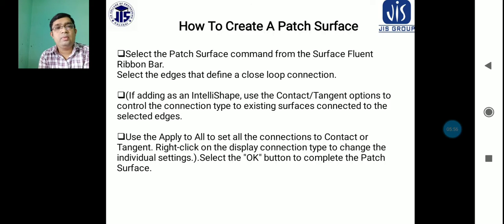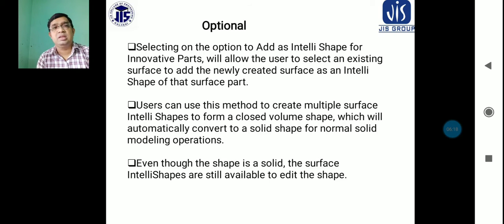Also select the OK button to complete the path surface. You have to apply all the connections to contact or tangent, use the right click, and then the OK button will complete the path surface.